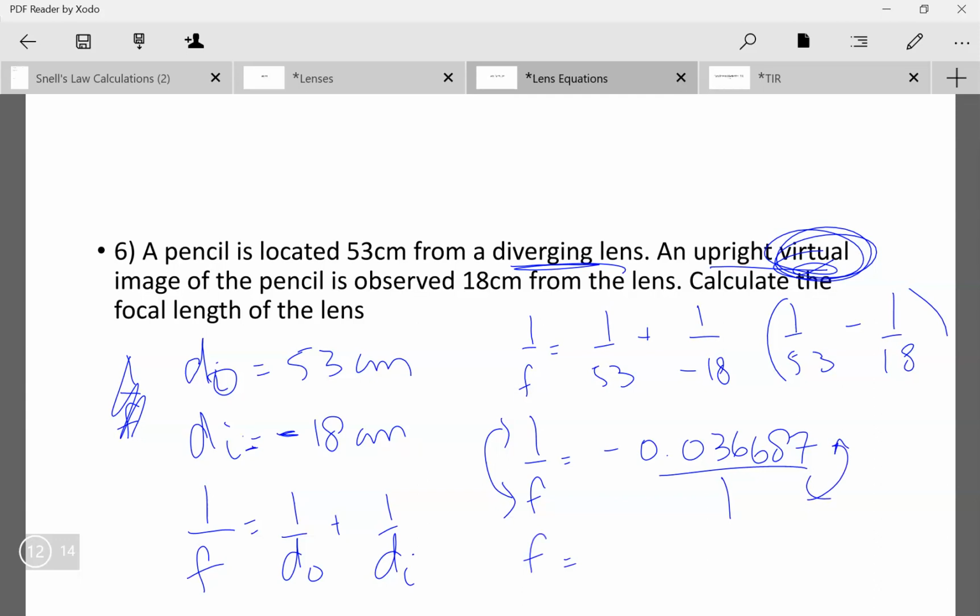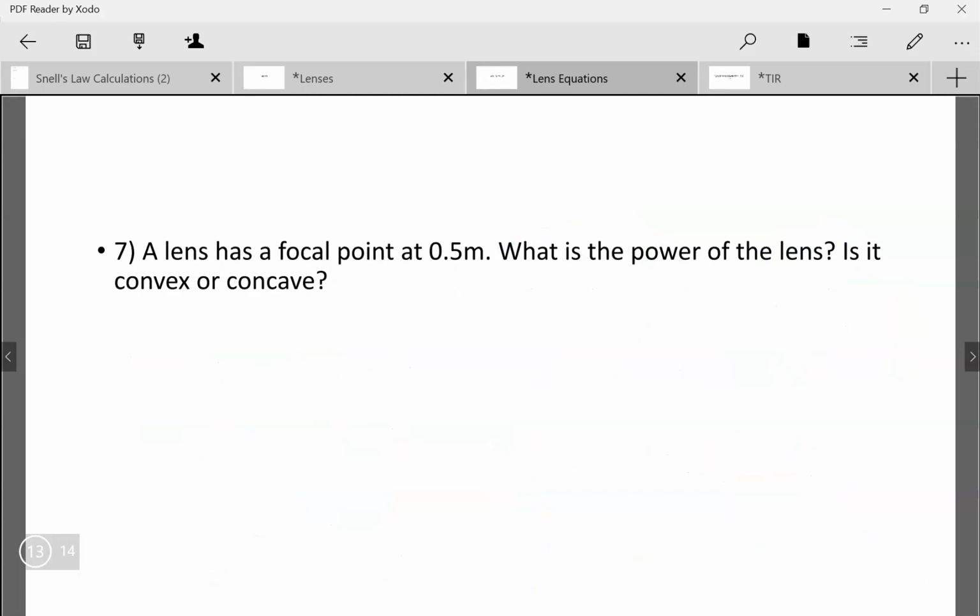So f equals 1 divided by this number, right? And if I do 1 divided by that, I get focal length is negative 27.25 centimeters. The negative makes sense because it's a diverging lens, so I want my answer to be negative. And you'll see that it shows up in your answer. You don't have to make it negative 99% of the time, right? So it's just a kind of confirmation that you're doing something right.